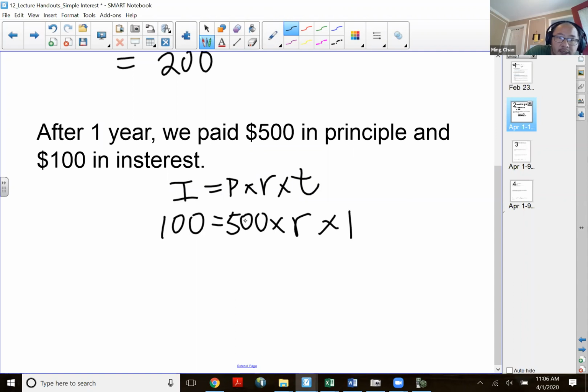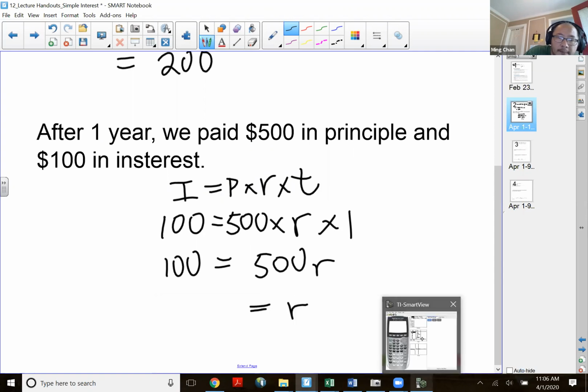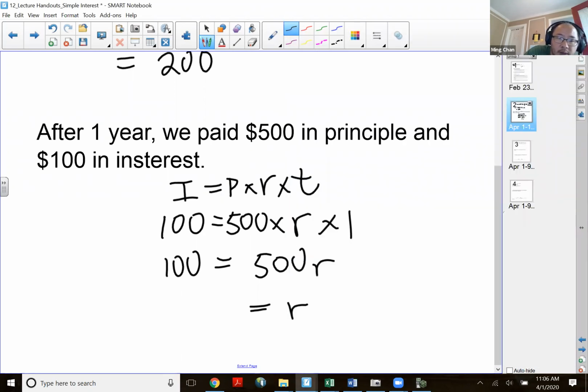If you solve this equation for R, the whole right-hand side is only one term. So 500 times R times 1 is 500R, and that equals 100. When I divide both sides by 500, 100 divided by 500 is 0.2. And 0.2 represents 20%.